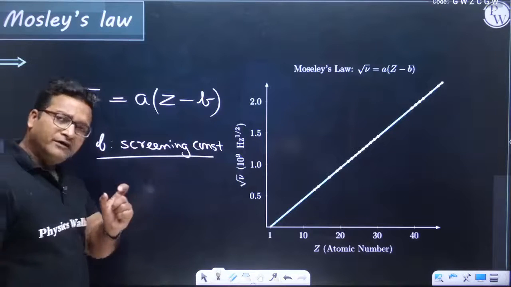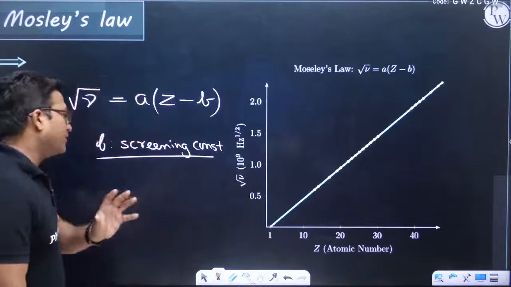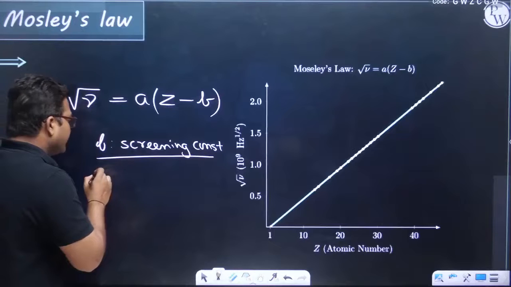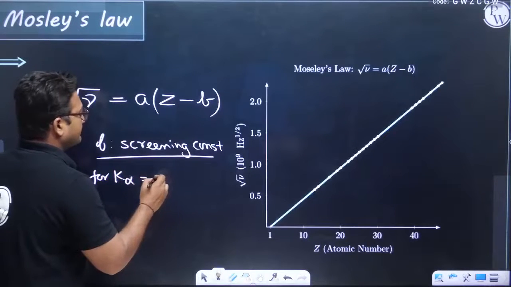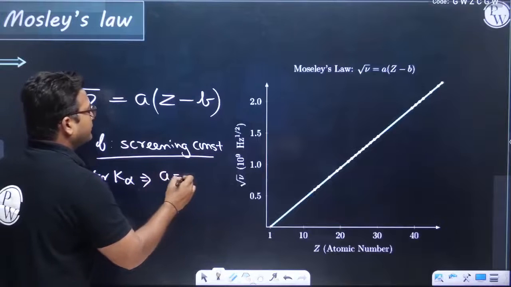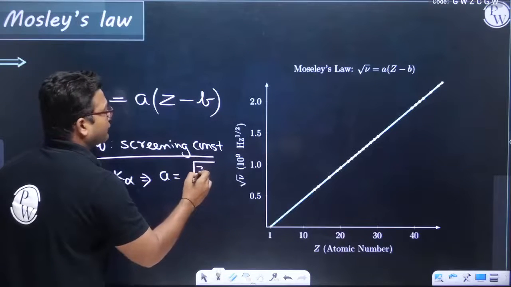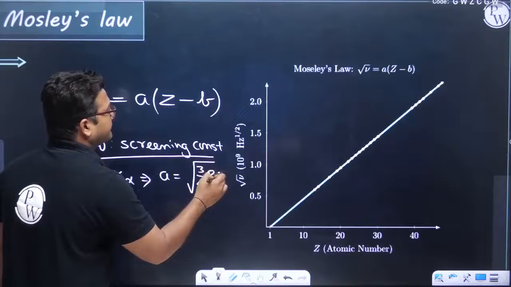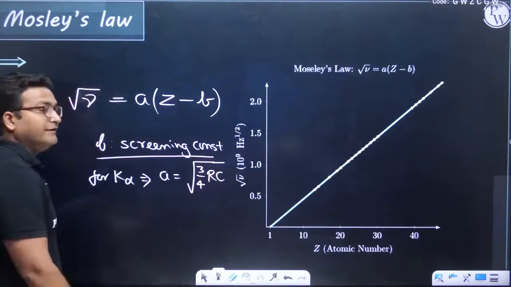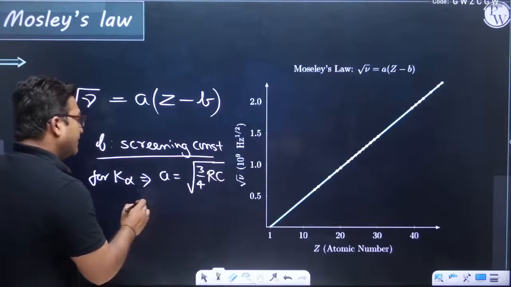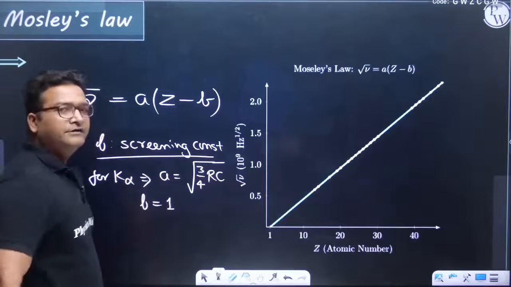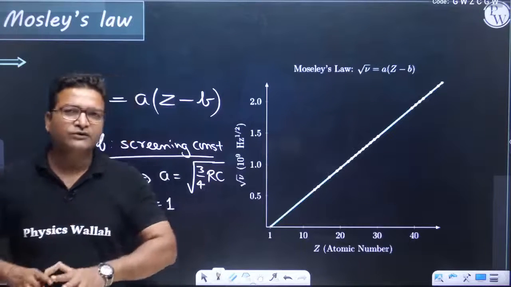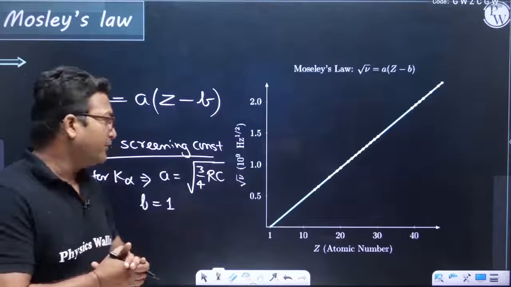And one important fact, if you want to remember, for k alpha, A equals square root of 3 by 4 RC, where R is the Rydberg constant, C is the speed of light, and B equals 1. If you do not remember this, it doesn't matter, because in every question they will give you the values of A and B, don't worry.